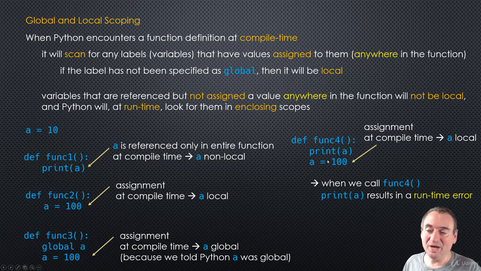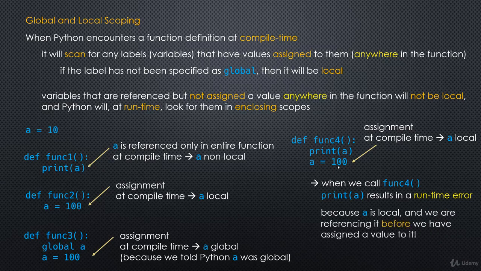If you have an assignment to a anywhere in the function, and you haven't set global a, it will make it local. And so you can't start referencing it before you've assigned a value to it, right? If you took this outside of the function and you just had print a and a equals 100 in the module, you would expect a runtime error, because it's like, well, I haven't created a yet, right? I haven't assigned a value to it yet.